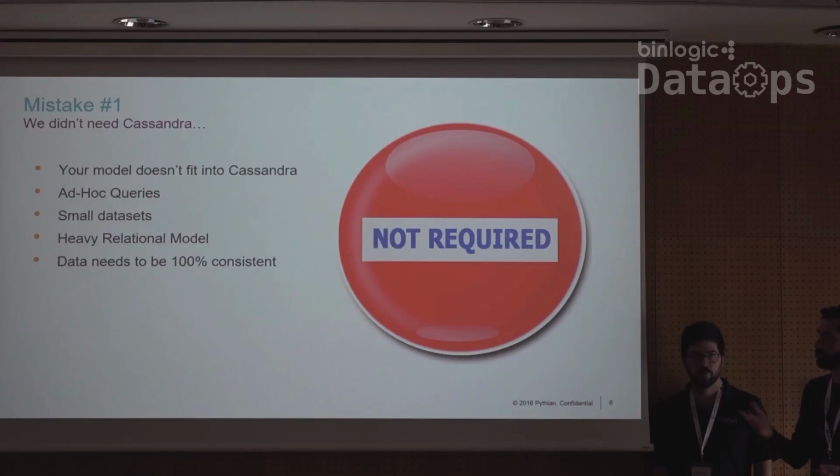For example, the first project I did with Cassandra was a route optimization project. There were two parts of the project. One was data acquisition from sensors in vehicles, and that part made sense to use Cassandra. But in the routing section, it actually made more sense to use a relational database, and so to use a hybrid system.